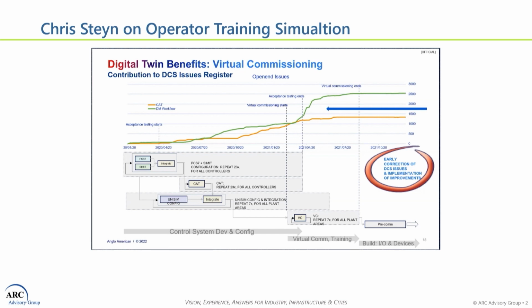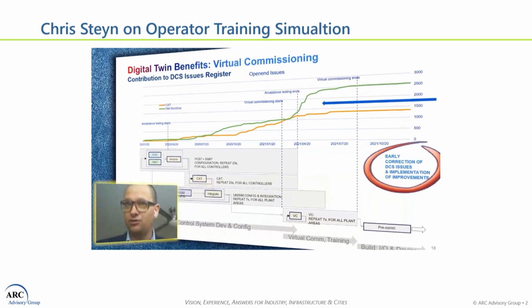However, during a period where there was a virtual commissioning at Quellaveco, but nothing at Minas Rio, the virtual commissioning spotted an additional 1,000 to 1,500 issues with the control system, as was delivered to site.